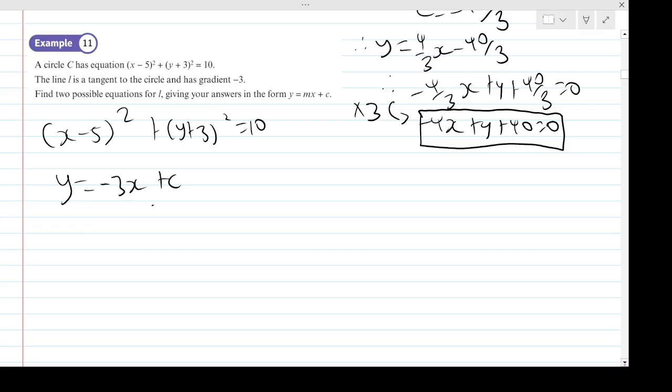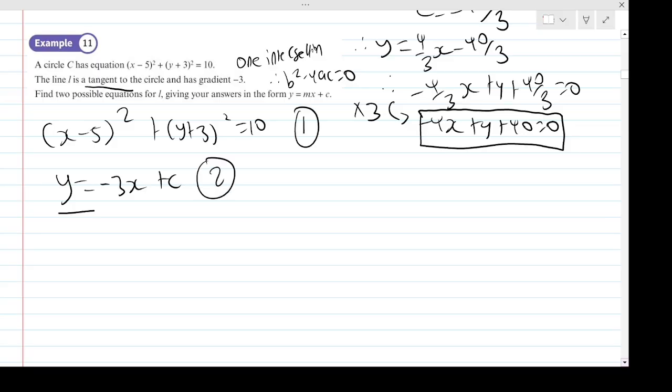But we can still work out c because we are told it's a tangent, which means one intersection. And what does that mean? It means the discriminant equals 0. So we can use the method we did last time of substituting. When they intersect, we can equate the two together. We call these equation 1 and 2.